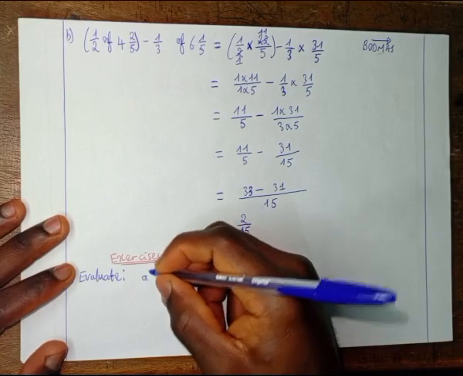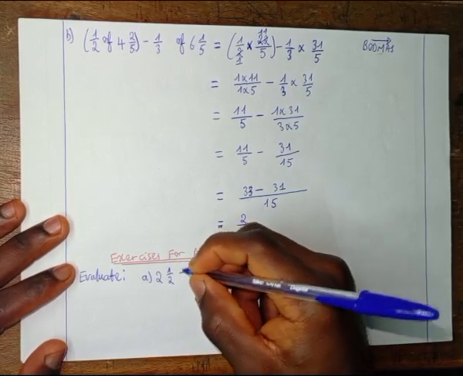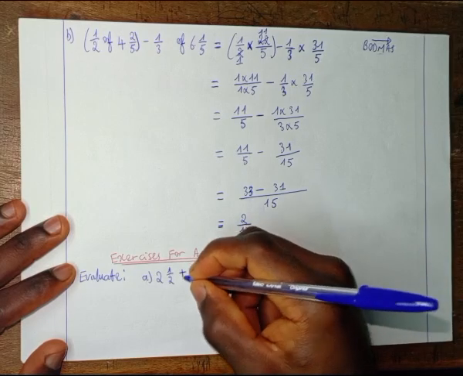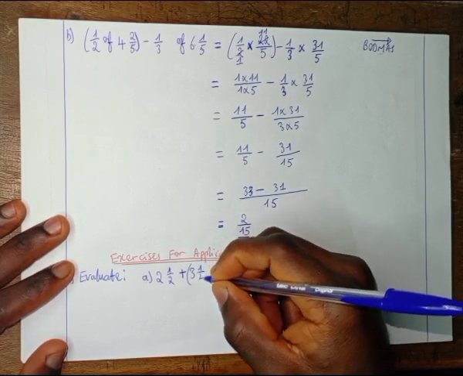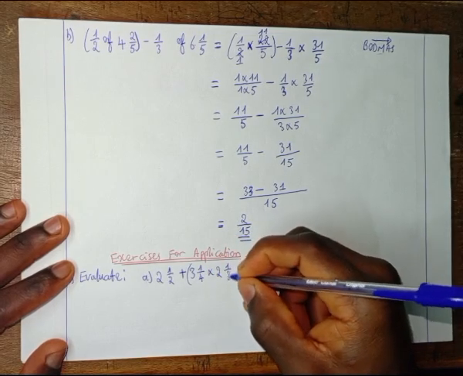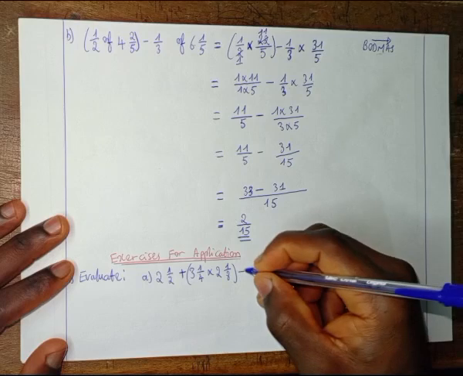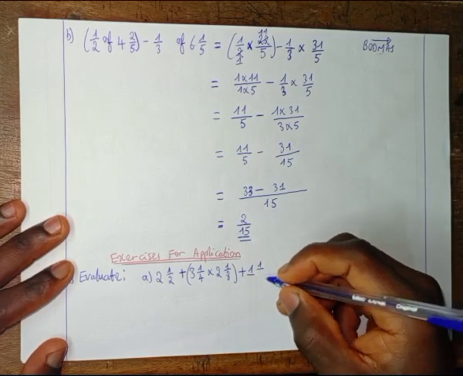We have for A, 2.5 plus brackets open 3 1/4 times 2.18 plus 1.18.